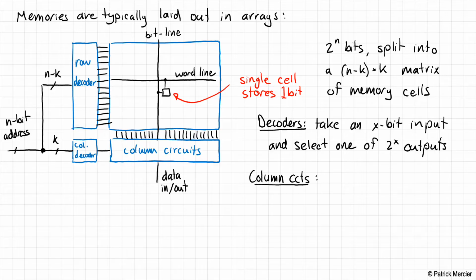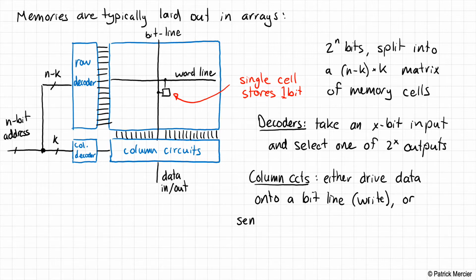So the column circuits either drive data onto a bit line, this is for a write operation, or they will sense the result on a bit line using typically what we call a sense amplifier.